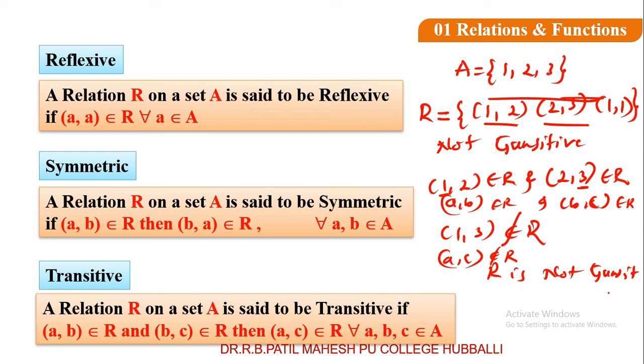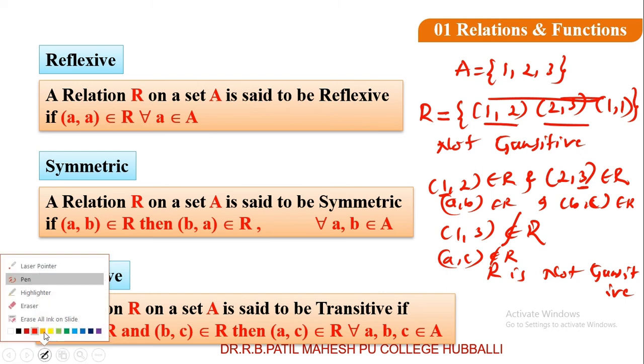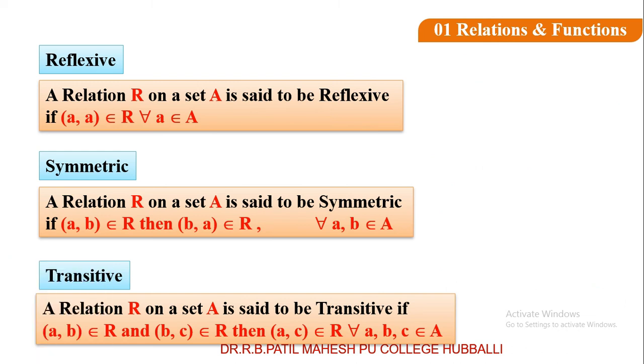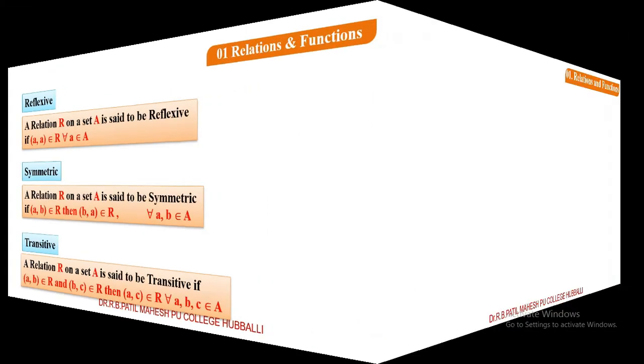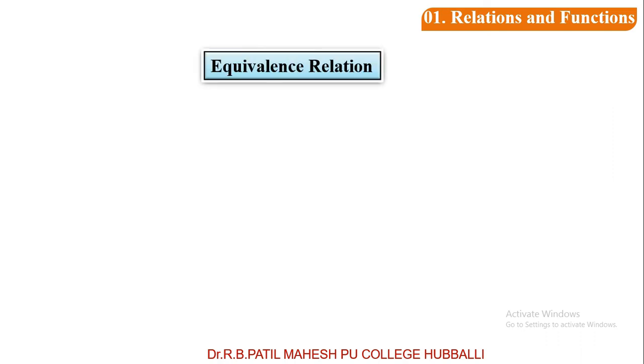These are the three very important types of relations that you must learn in second PUC. So go through all the definitions of reflexive, symmetric, transitive. Then we will solve the problems on these three relations. So we discussed reflexive, symmetric, transitive. Now one more very important relation is there, called equivalence relation.